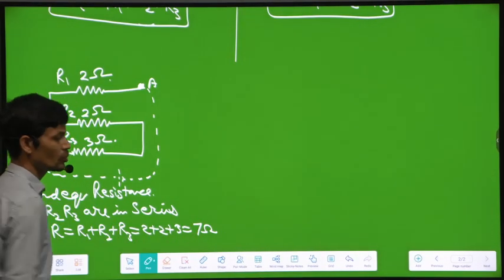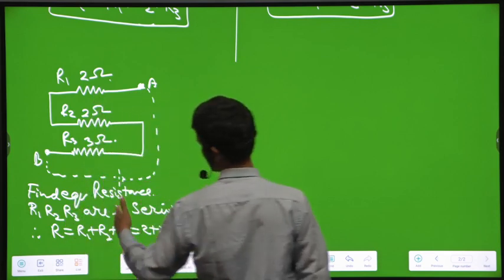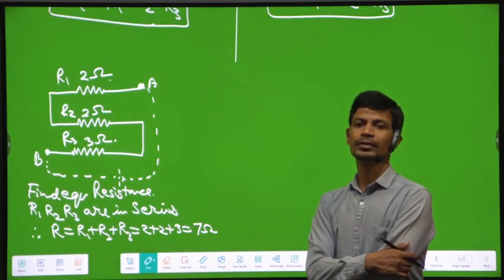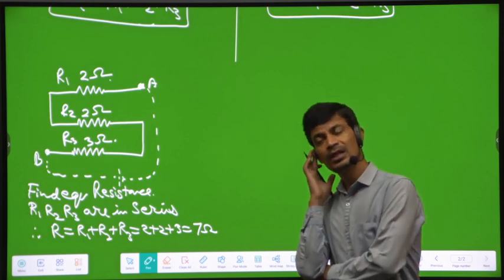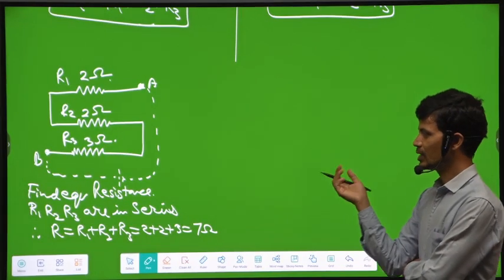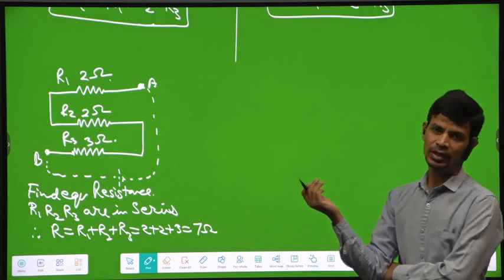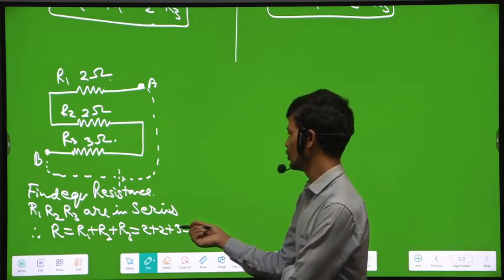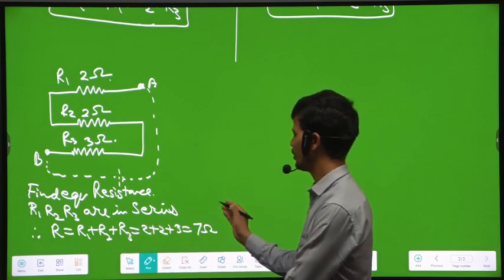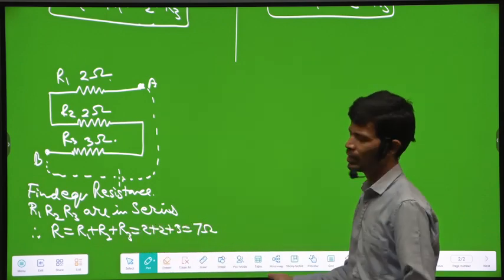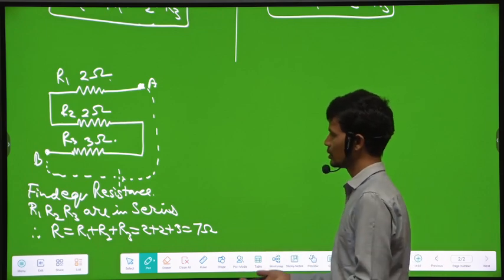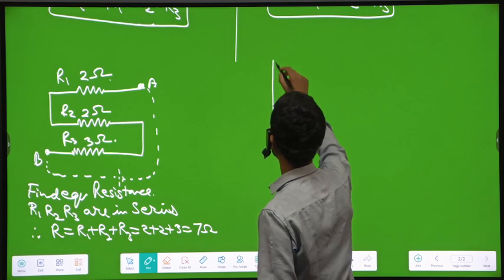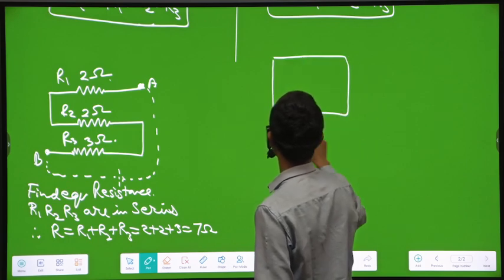There are some students who can see this and they can directly write the answer 7 ohm. Yeah, of course, if such type of question comes in MCQ, they are correct, but in the exam they have to show this entire process, which is not that much long. This is a sensible way to answer the question.